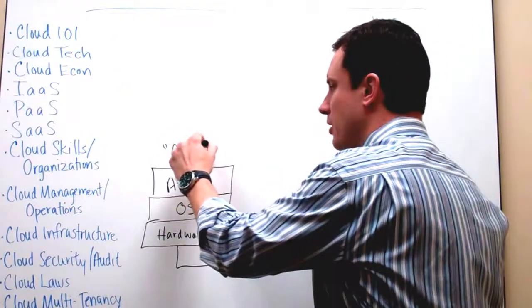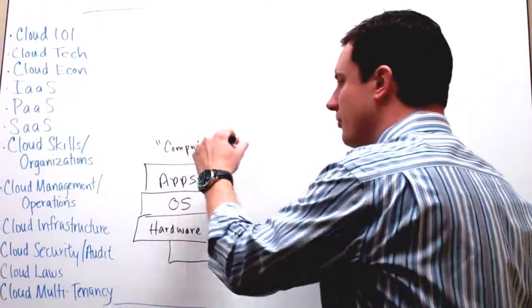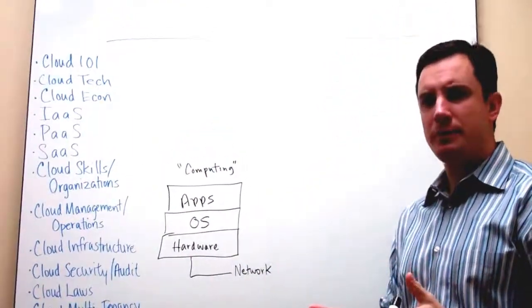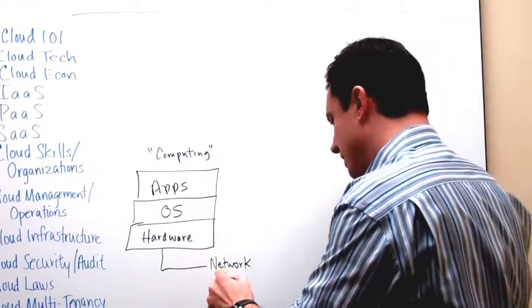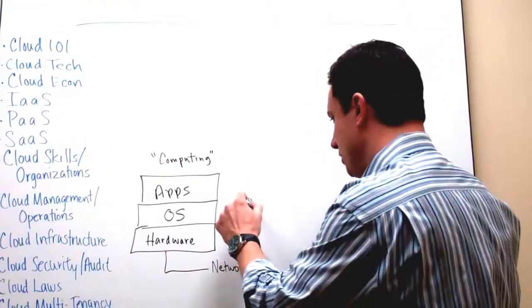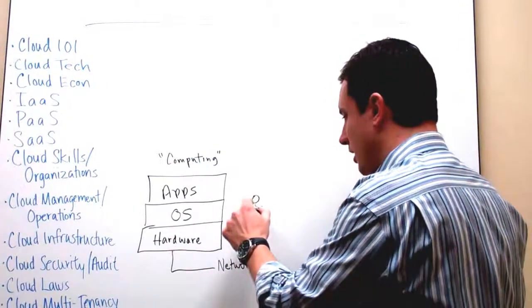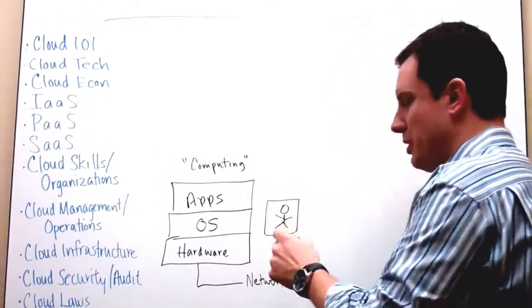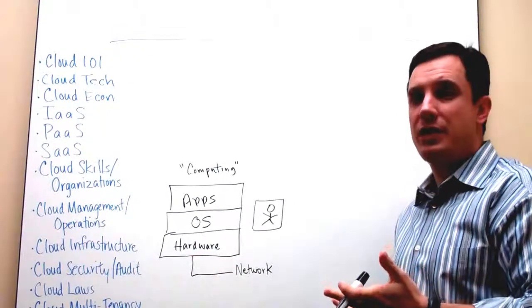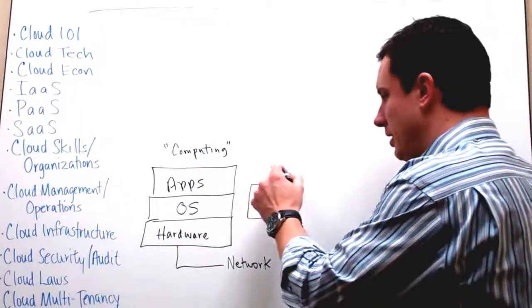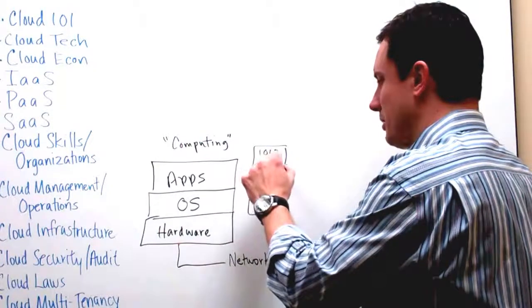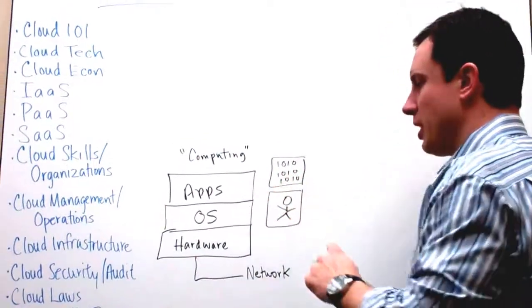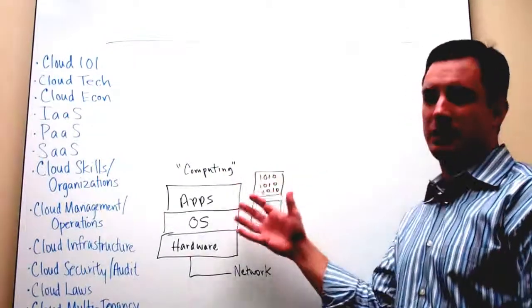So if we use that as our premise for what happens in cloud computing, the only difference is we also have the network, and then to some extent I've got a user of some sort, and this user could be a human being, or in some cases it may actually be a user that's a bunch of ones and zeros, which really is maybe another application or another source of data that's going to interact with this thing.